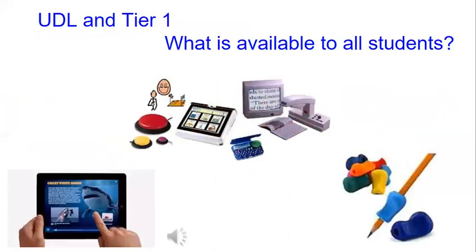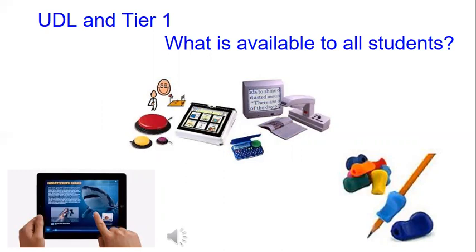So what does Universal Design for Learning mean in the Tier 1 AT process? What we're asking you to do at this point in the process is to look and see what you already have available for all students in your classroom. What types of equipment do you have that will complement the 3 principles of Universal Design for Learning?